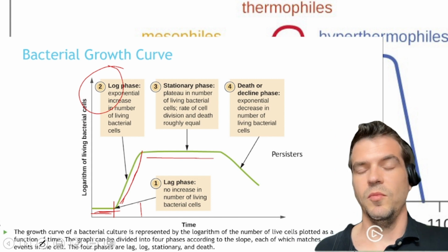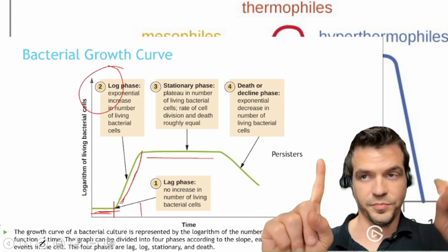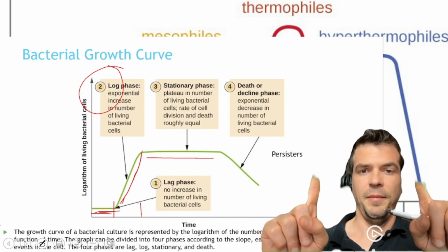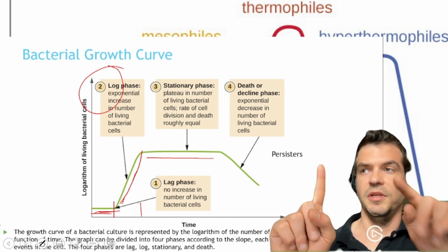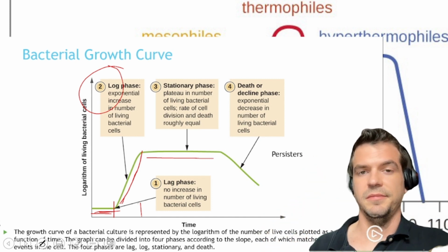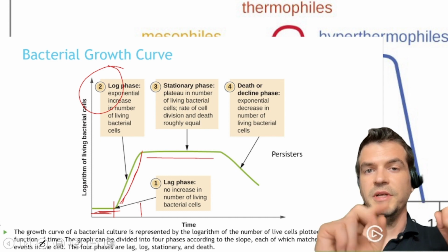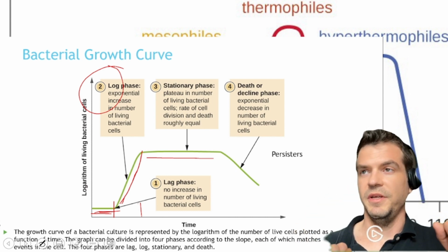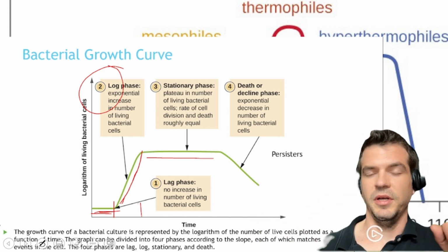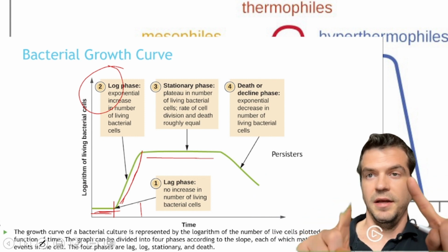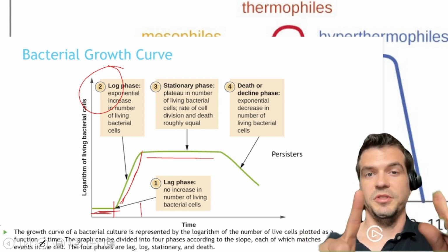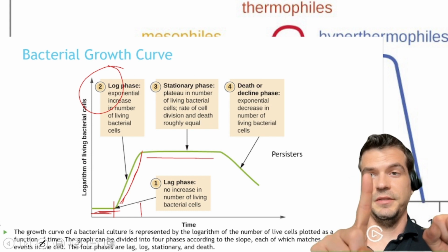Let's say one cell divides, and if that happens, I would keep going in my log phase, right? So one cell becomes 2, 2 becomes 4, I'm still in my log phase. So what's happening in our stationary phase? Well, if I made 2, then this one's going to die just as fast as I made 2.